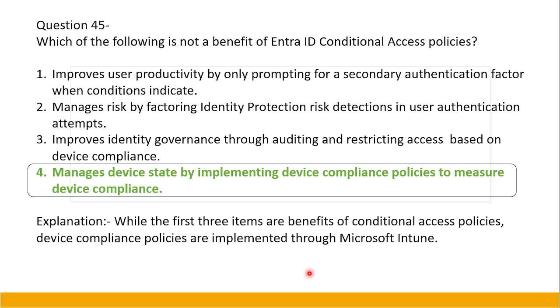Which of the following is not a benefit of Entra ID conditional access policies? Four options are given here: improves productivity by only prompting for the secondary authentication factor when conditions indicate; manages risk by factoring identity protection risk detection in user authentication attempts; improves identity governance through the auditing and restricting access based on device compliance; manages device state by implementing device compliance policies to measure device compliance.